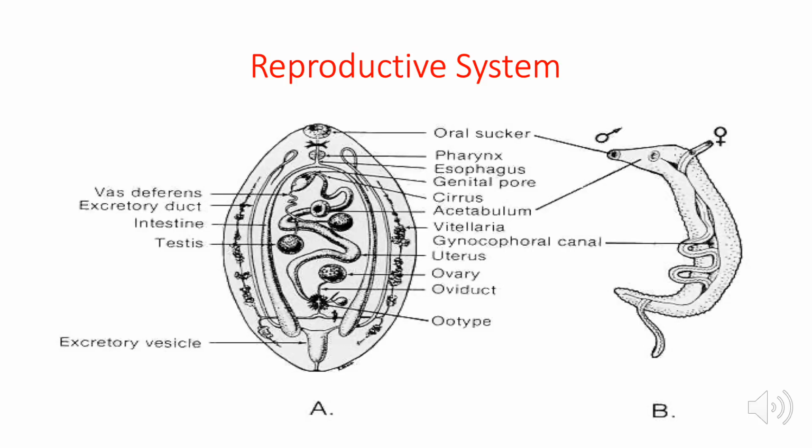Now, we will discuss the reproductive system of trematodes. Please remember that all trematodes are hermaphrodites except for schistosoma. So expect that in a typical parasitic trematode, you will have both the testis and the ovary.